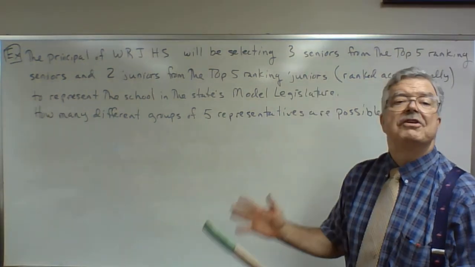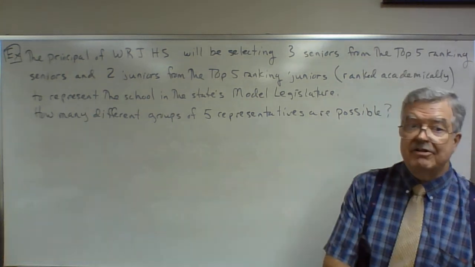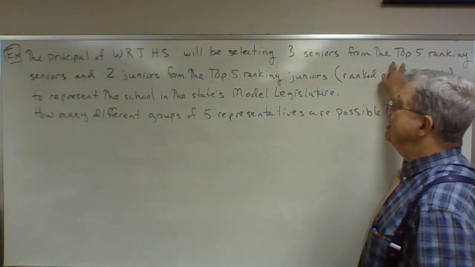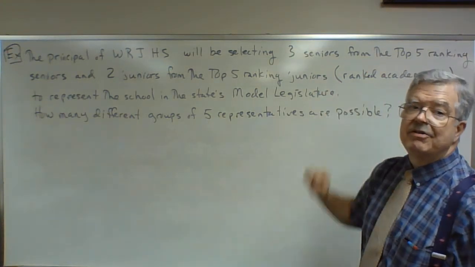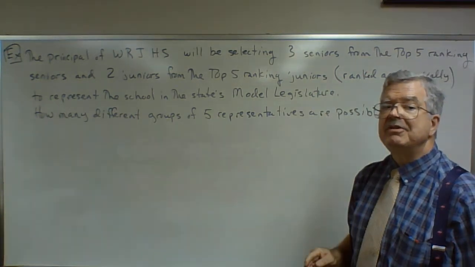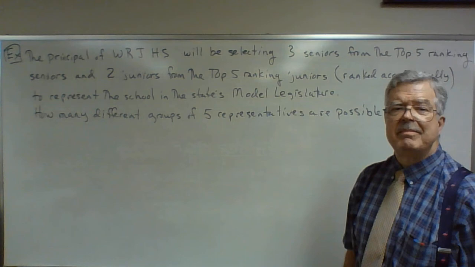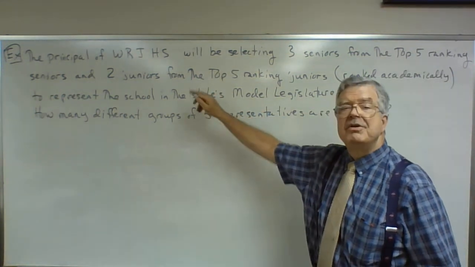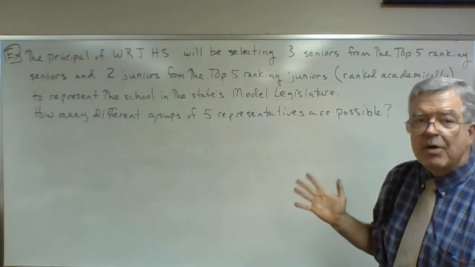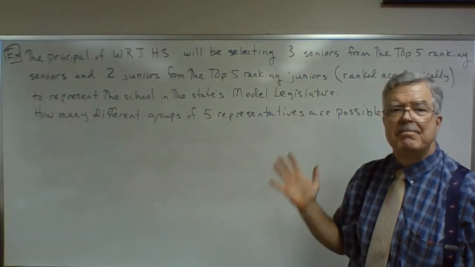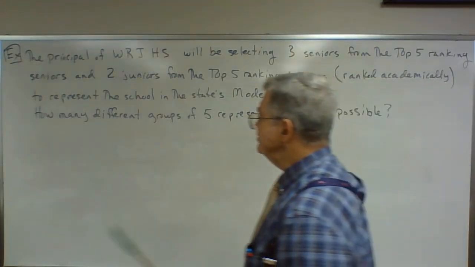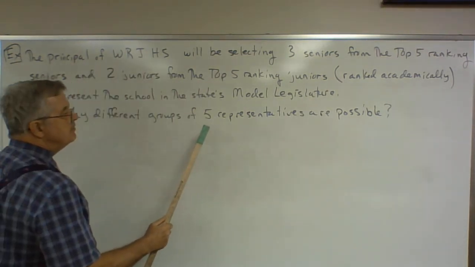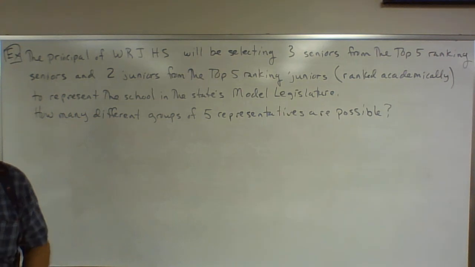No, they're just selected or they're not selected. So a senior from the top 5 is either selected or they're not. If they are selected, the order of selection makes no difference. The same with the 2 juniors who are selected. Order of selection doesn't matter. How many different groups of 5 representatives are possible?